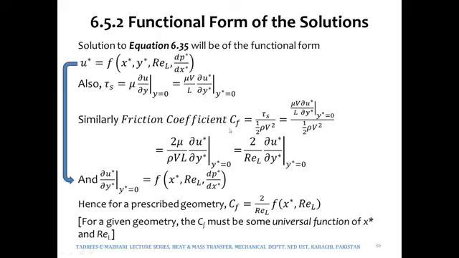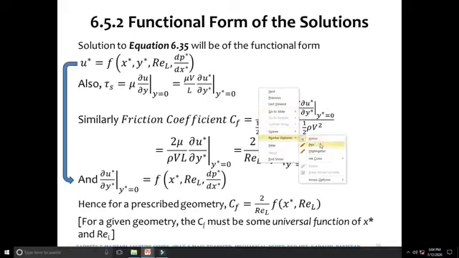Now similarly, the friction coefficient can be written as tau s over half rho v square, because tau s is Cf times half rho v square. This is what we had discussed in the very initial slides of this chapter. So tau s, the shear stress, can be written as mu v over L times dou u star over dou y star.